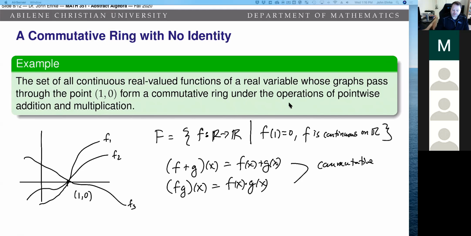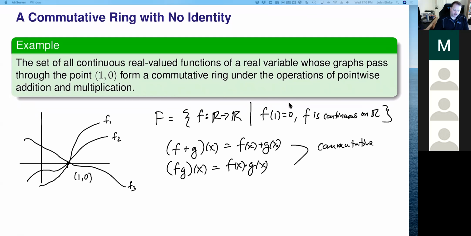So the operations that we have here are commutative. Do we feel like they form a ring? In other words, do we feel like we have closure? Well, properties that you've learned in calculus are that the sum of any two continuous functions is continuous, and the product of any two continuous functions is continuous. So we know that we have closure.